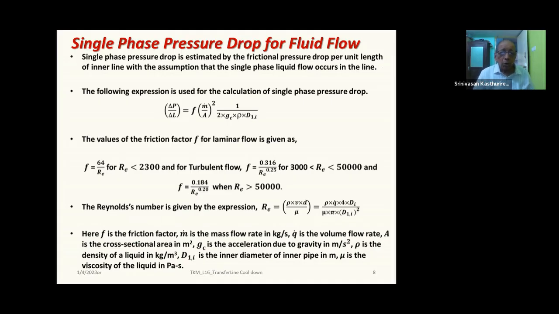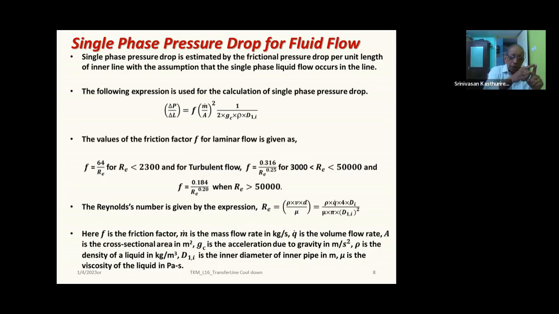So let us move on to what is called pressure drop in fluid. What is pressure drop? When a fluid is passing through a pipe, for the flow to occur you have to have a pressure difference between the two points. Because of the pressure difference, the fluid is able to flow from one side to the other. Now there is going to be what is called the pressure drop.